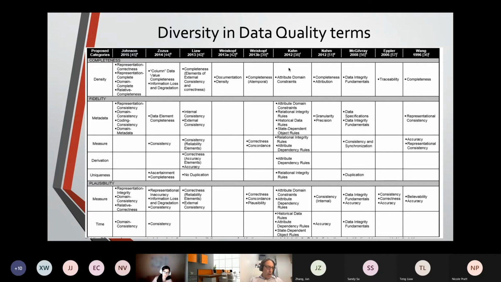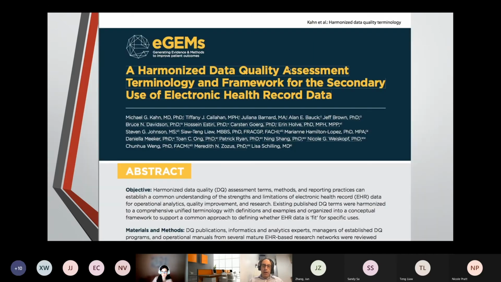And so I was fortunate enough to obtain a grant to bring together a cast of like-minded individuals. You can see their names here. And again, Dr. Leal's right here in the middle of the thick of things, as he always is. And really bring together a community of people and try to harmonize the way we talk about data quality.